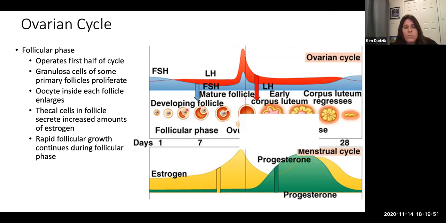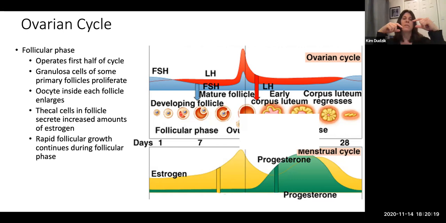And again, as more and more granulosa cells and thecal cells begin to develop, they release estrogen, which is a positive feedback onto the anterior pituitary. They also cause the insertion of more receptors for follicle stimulating hormone. And some follicles, remember I said we start with maybe 4 to 6 developing, but we end up with only 1 completing the development.